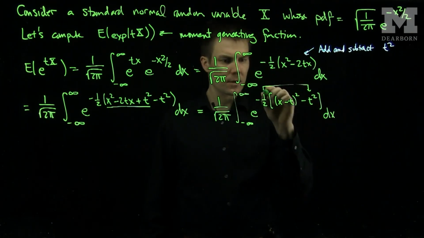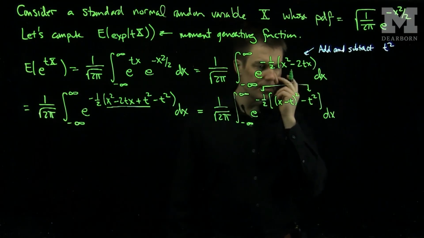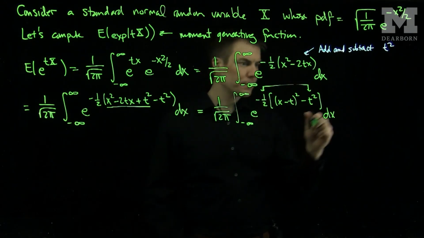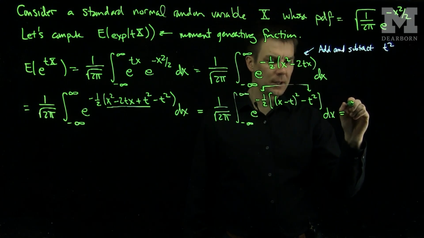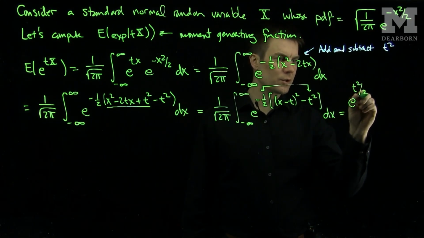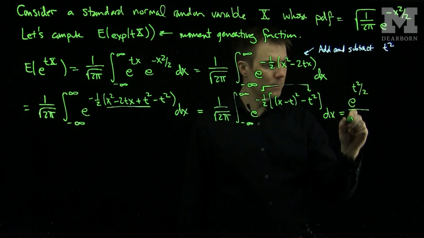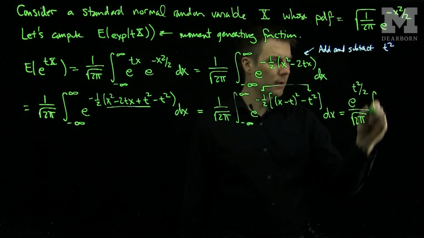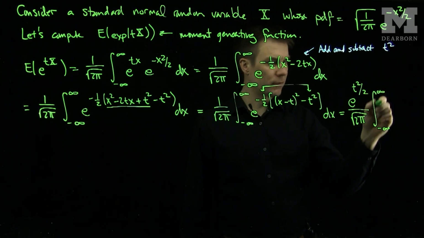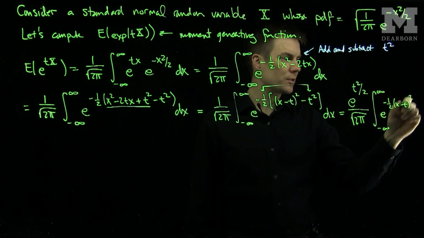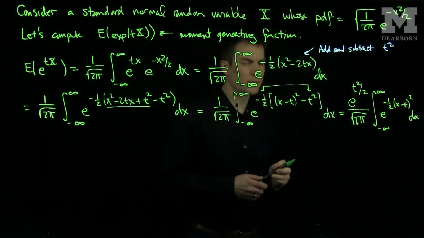This negative 1/2 times negative t squared is a positive t squared over 2. It does not depend on x, so we can pull that out. So this is e to the t squared over 2 divided by the square root of 2 pi, the integral from negative infinity to infinity of e to the negative 1/2 x minus t quantity squared dx.